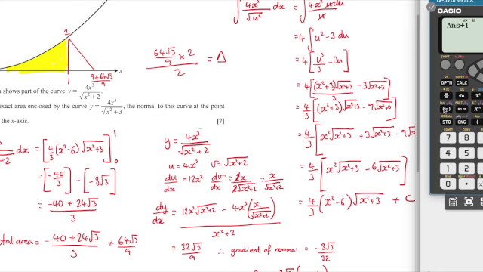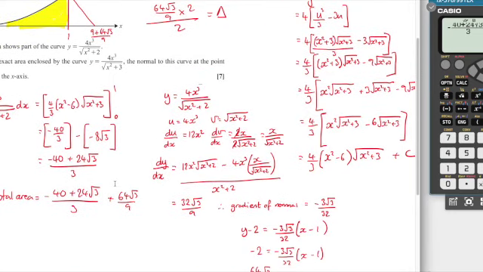So we are going to get minus fraction 40 plus 24 root 3 over 3 plus 64 root 3 over 9 is... What a vile looking answer. This has been a horrible paper. Minus 120 plus 8 root 3 over 9. That is revolting.